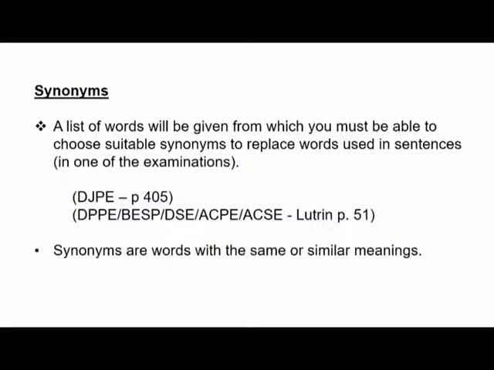Synonyms, also in Unit 4, are a list of words which will be given, from which you will be able to choose the suitable synonyms to replace words used in a sentence. Now, synonyms are words with the same or similar meaning. The DJPE students will find it on page 405, while the other students will find it in their Lutheran book on page 51.